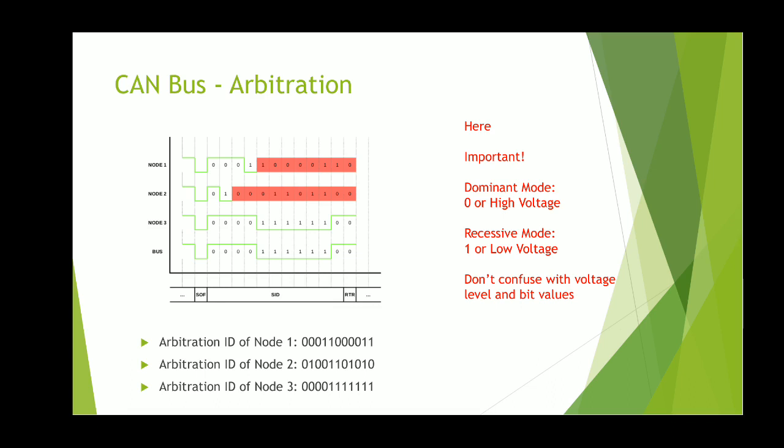So each node will place the arbitration ID on the bus. Node 1 will set the arbitration bit 0, node 2 will set it to 0, and node 3 will set it to 0. Since all nodes are sending the same arbitration bit, the bus also shows the same bit.